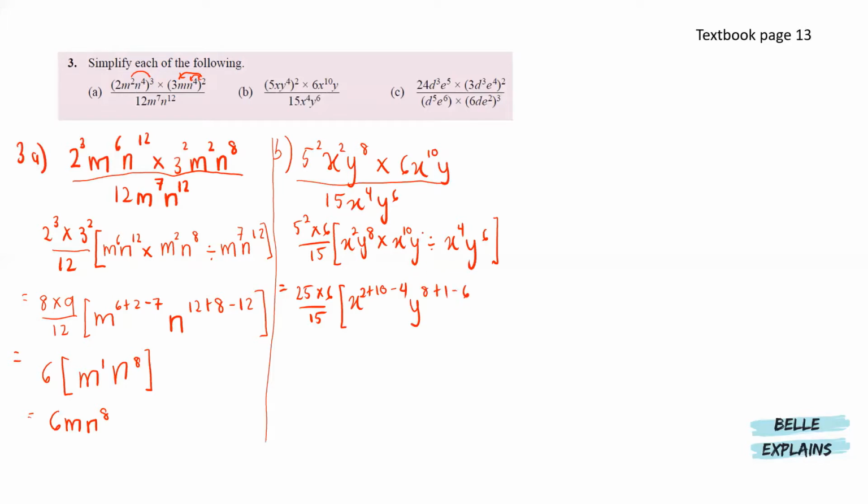Here there is no number, which means it's 1. Okay, and simplifying that further will give us 10 here, x to the power of 8, and y to the power of 3. So here we have 10, x to the power of 8, y to the power of 3.